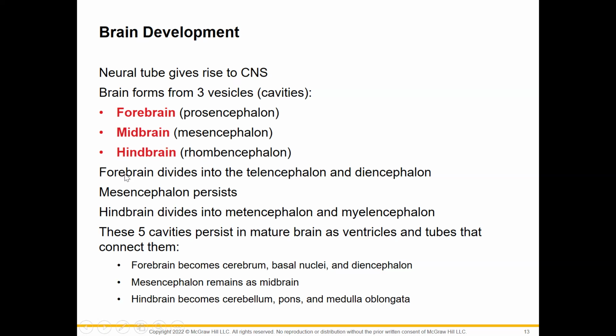The forebrain becomes the cerebrum, the basal nuclei, and the diencephalon. The midbrain stays the midbrain, and we know that the midbrain is part of the brain stem. And then the hindbrain eventually becomes the cerebellum, the pons, and the medulla oblongata. The pons and the medulla oblongata are also parts of the brain stem.